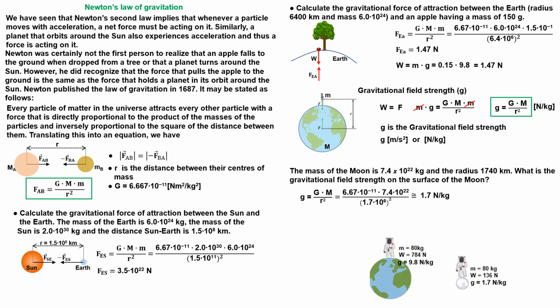We multiply that by the Moon's gravitational field strength, which is 1.7 newtons per kilogram. That means my weight on the Moon is 136 newtons. So I have different weights on the Earth and on the Moon. That's why astronauts can jump high on the Moon's surface. They are lighter up there.